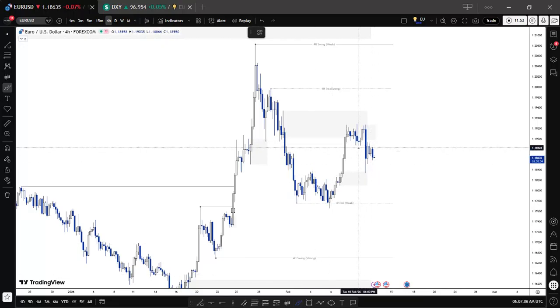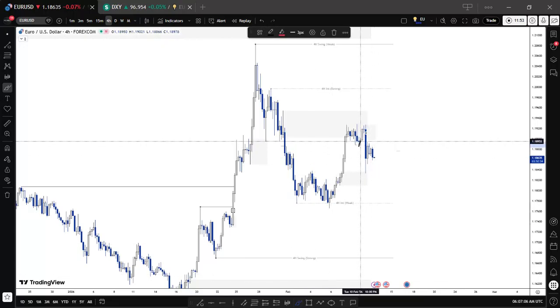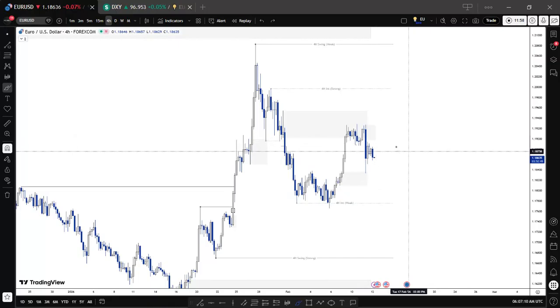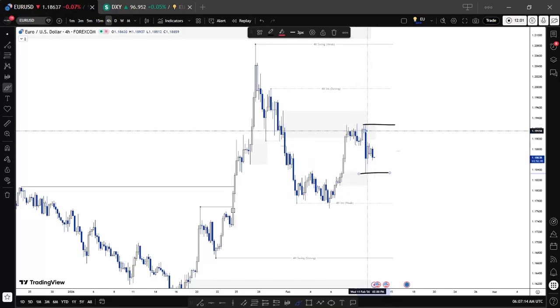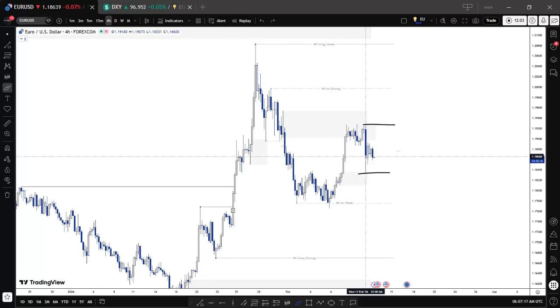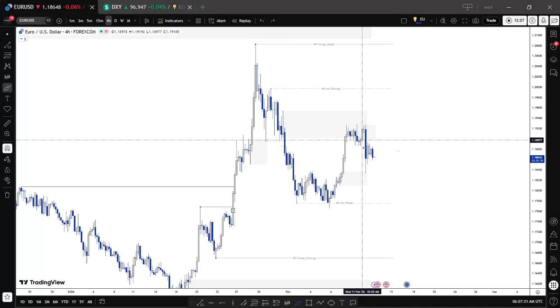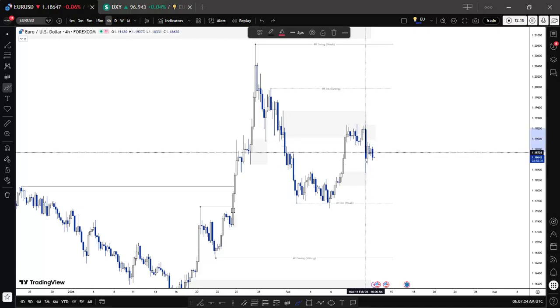So on the 4-hour time frame, I want to follow this order flow. But we can see price has been ranging from yesterday. Price is ranging within this new candle of yesterday. That was formed after NFP, but it was formed during, and this candle opened before NFP, but it's still a news candle.